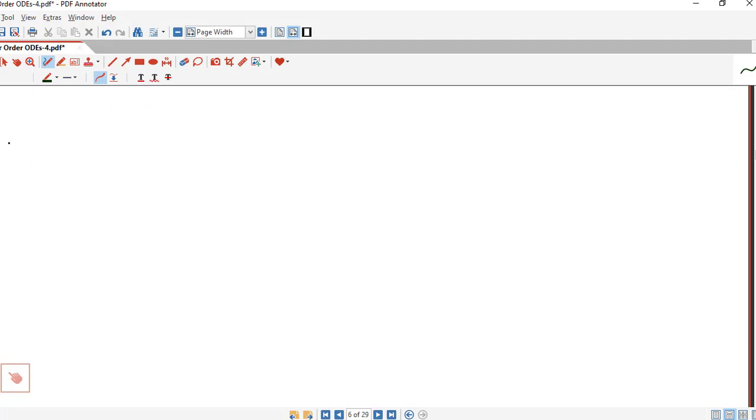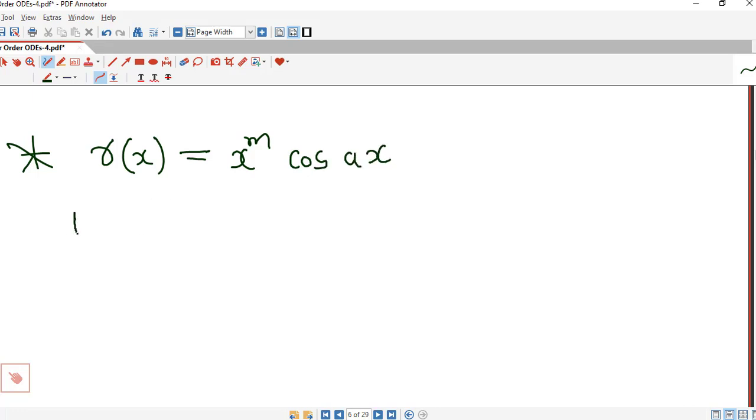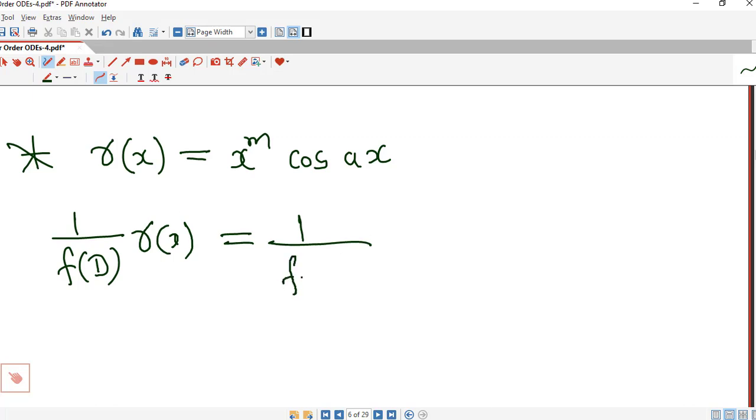Now suppose our right hand side is x raised to m into cosine of ax, then the particular integral is 1 over f of D, x raised to m times cosine of ax.